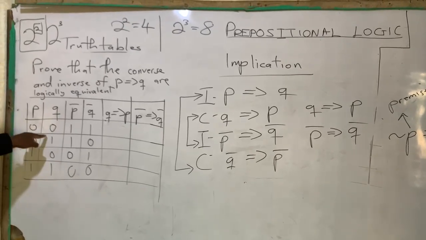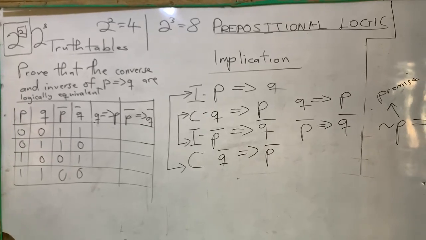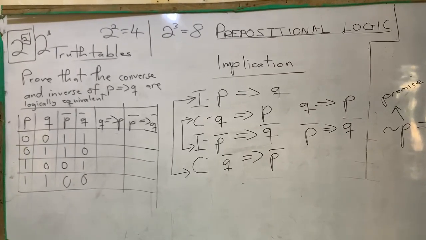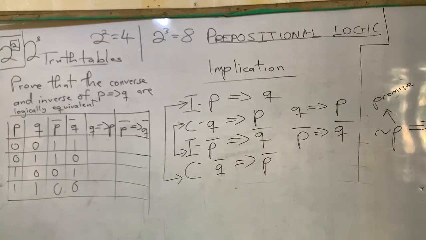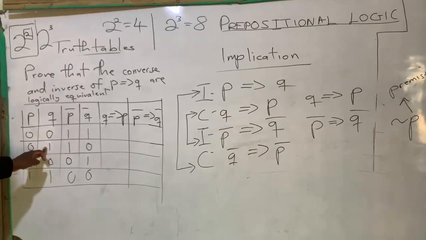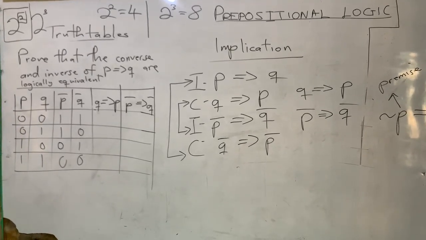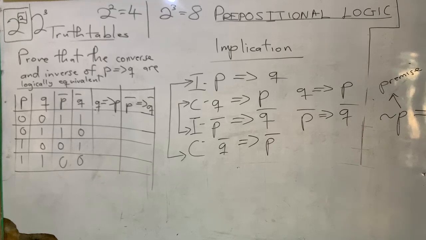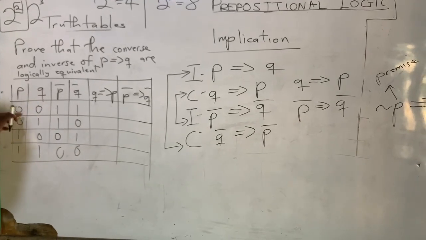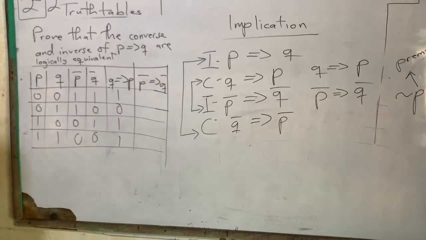Now you see this time I'm evaluating from Q to P. It's because it's going from Q to P. Are you there? So at this point, the premise is true, then the conclusion is false. So that is the only time where that part is going to be false, right? So 1 and 0, 0. Apart from that, the rest is true, right?